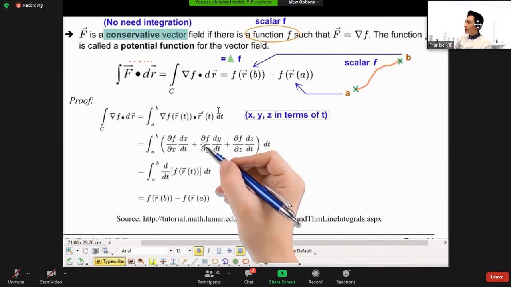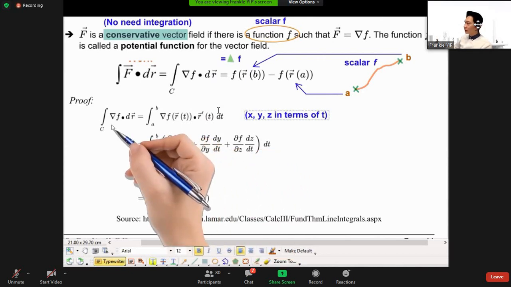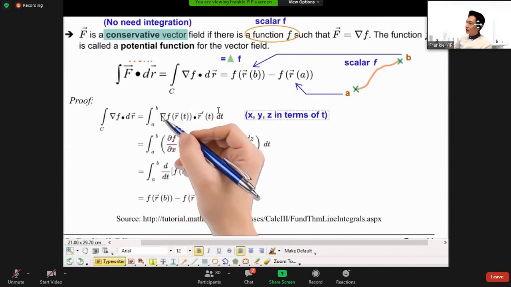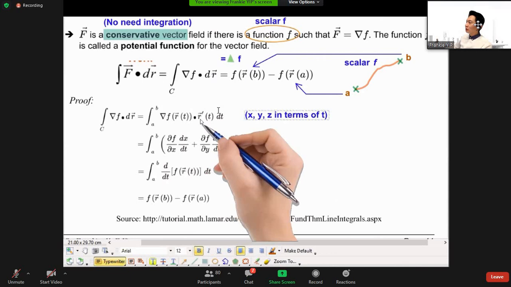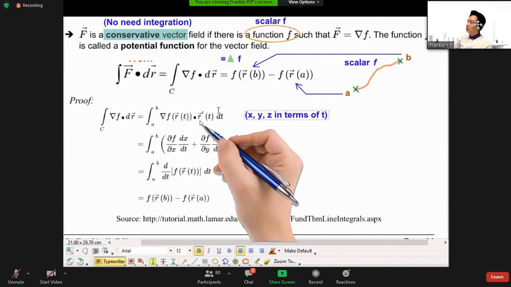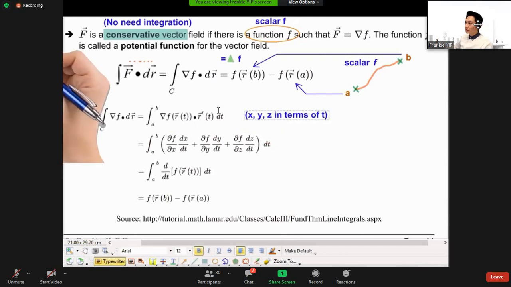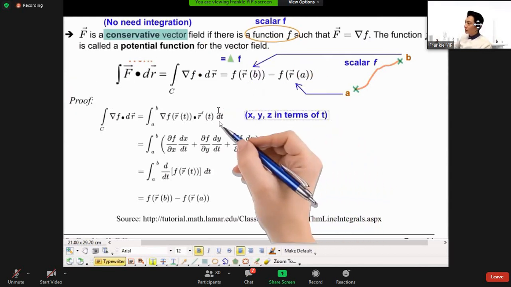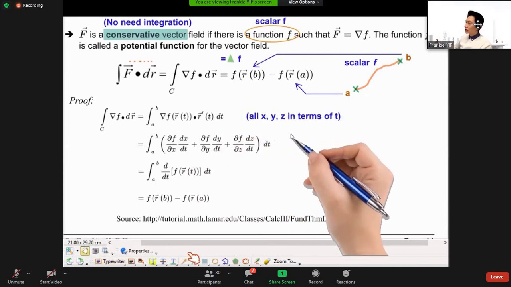Okay, this is the proof of why we can do that. First of all, we write this formula here, and from A to B, del F dot dr can be represented by del F dot r dash t dt, right? First thing. And now I use this because XYZ is now in terms of t already.